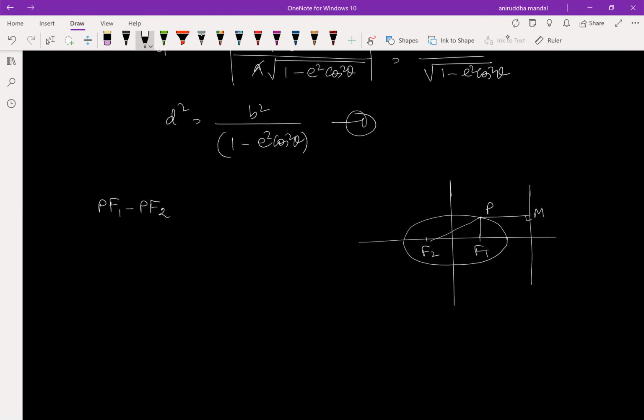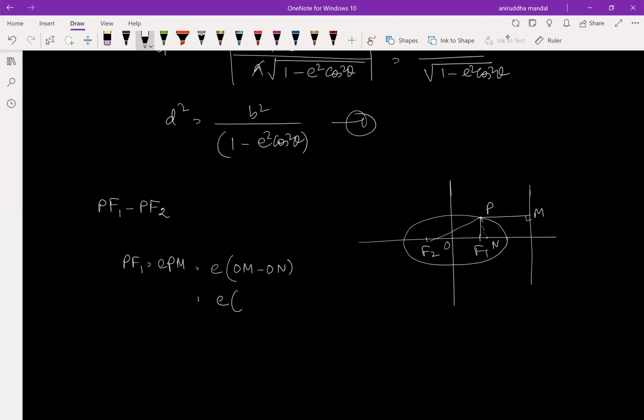So pf1 can be written as e into pm. Here M is on the directrix and N is the foot of P on the axis, so e into pm can be written as om minus on.